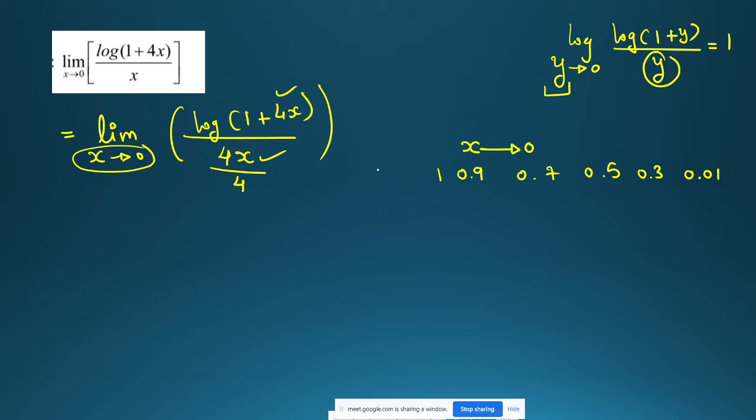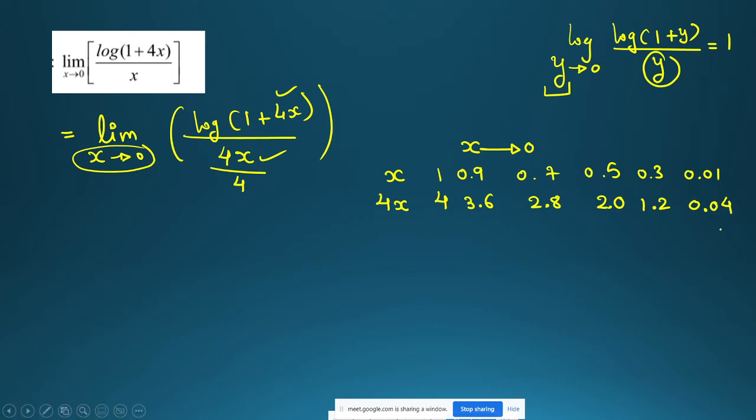So ये हो गया मेरा x जो 0 की तरफ जा रहा है. बट अगर सपोज इसी में मैं 4x लिखता हूं, so what will be the value? हर किसी को 4 से मल्टीप्लाई, 4, 3.6, now this is 2.8, 2.0, sorry 1.2, and here it is 0.04.